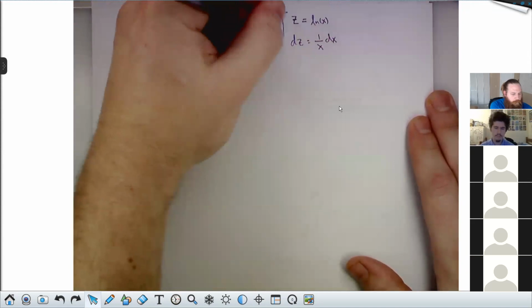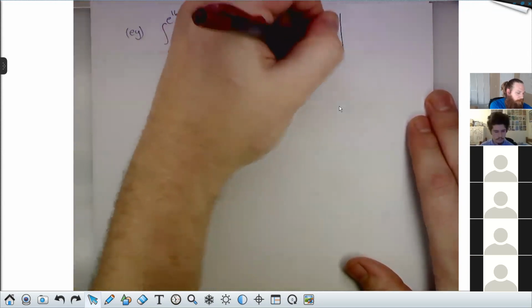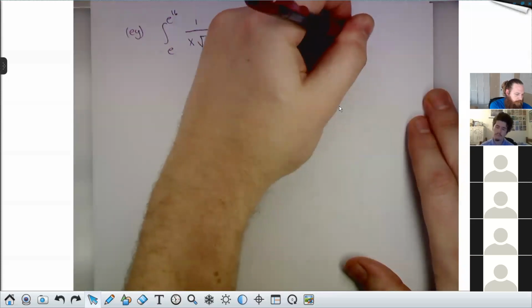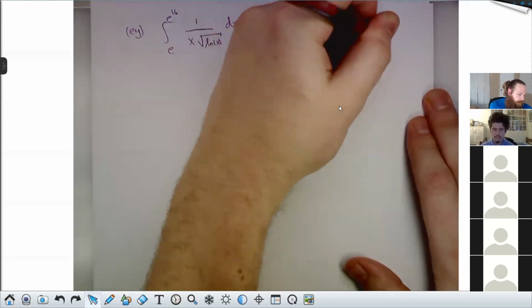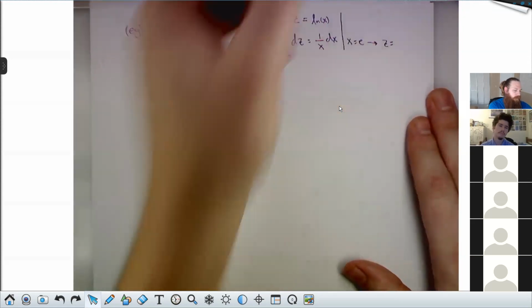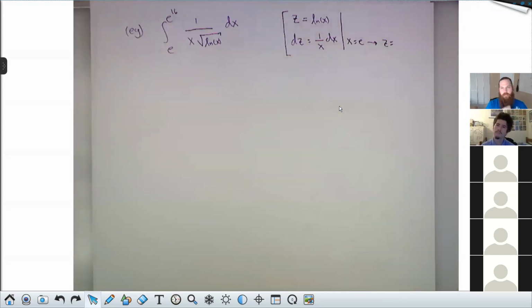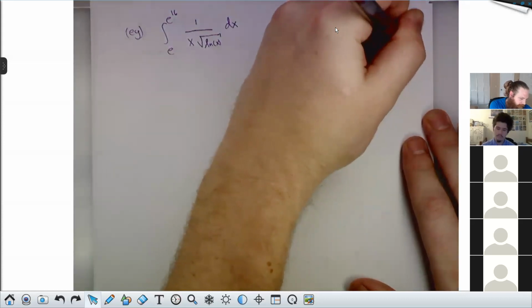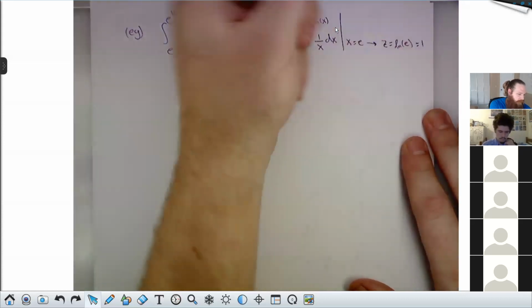And while we're here, because it's a definite integral, we're going to change our bounds. If x is equal to e, then z is equal to what? If I plug e in for x here, what do I get? What is the natural log of 1? Very good, 1. I'll write it as ln of e, which is 1.